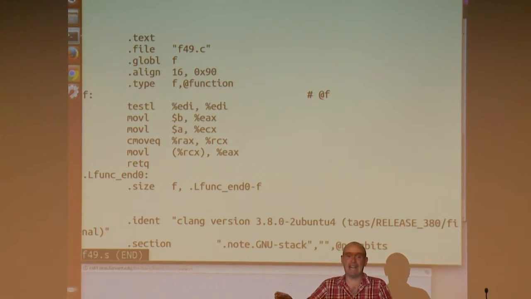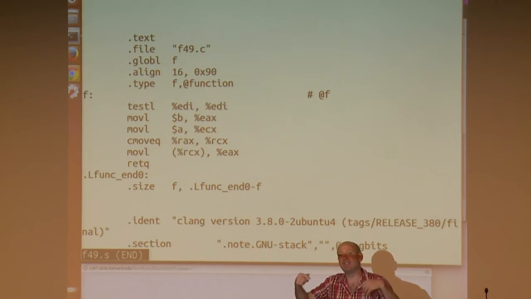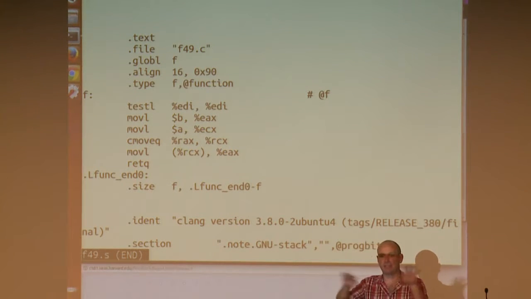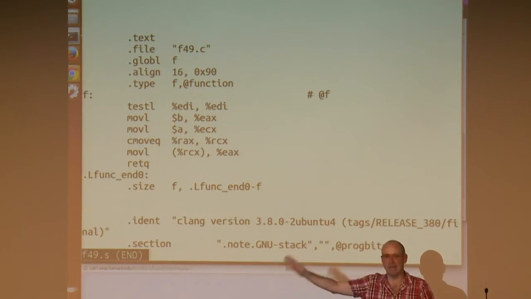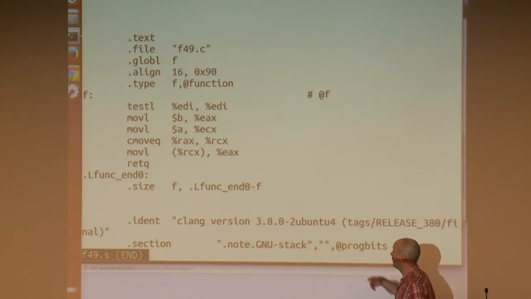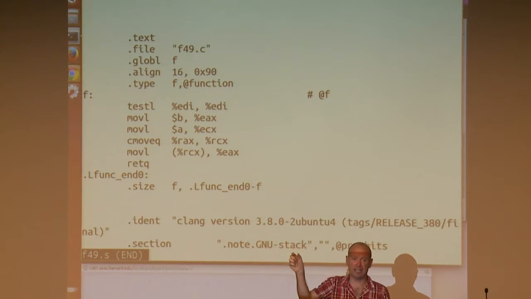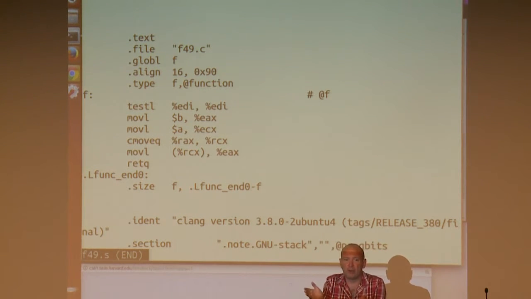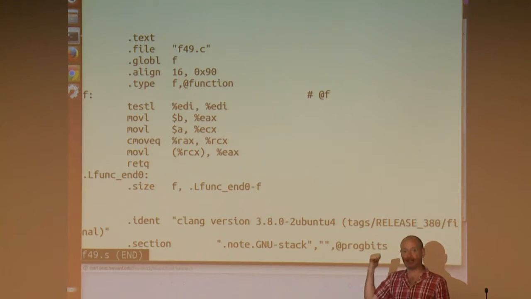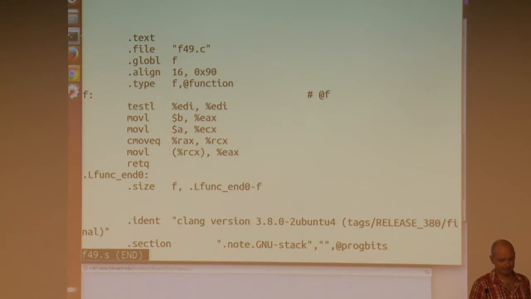And modern processors actually try and make progress on both of those branches. It's only when it figures out what the condition is that it stops and throws away the world that doesn't exist to concentrate on the world that does. The conditional move is like a branch, but it's a much more local and targeted branch. So the world that forks is just one register. This is a much faster version of this branch.